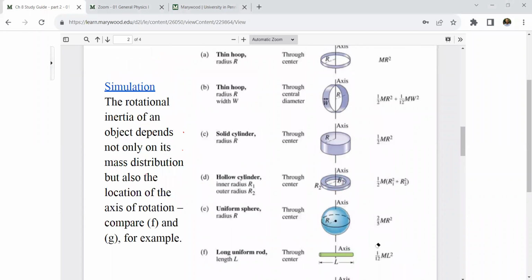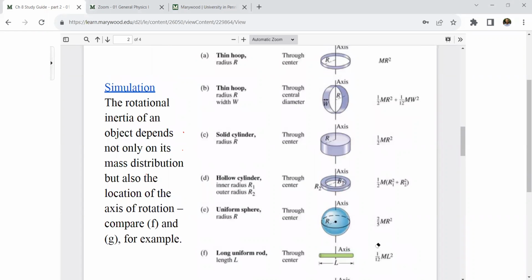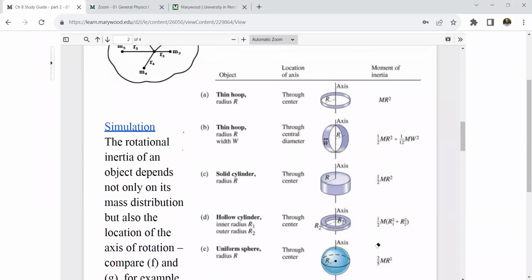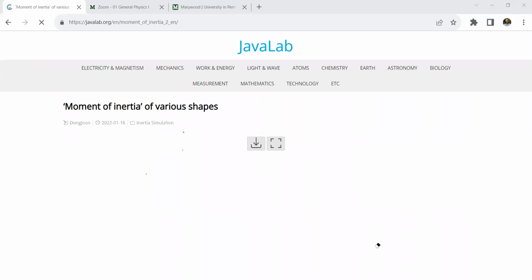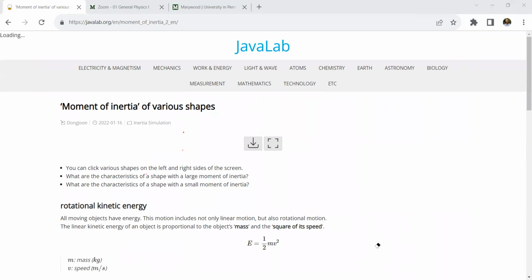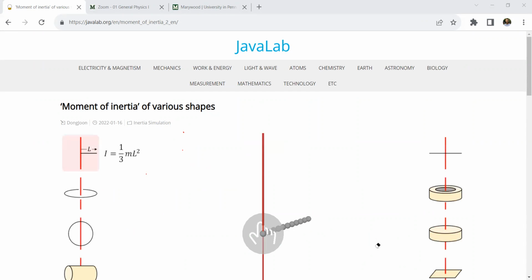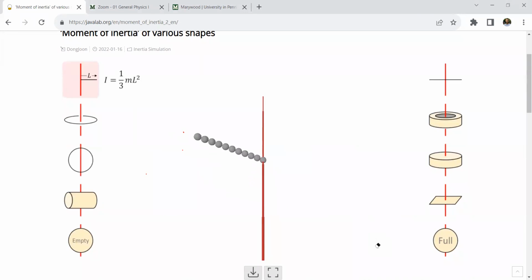Even though I am not going to derive this with calculus, I want to show you from this simulation. This simulation basically shows us the moment of inertia.